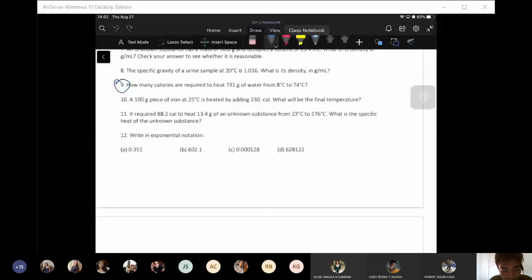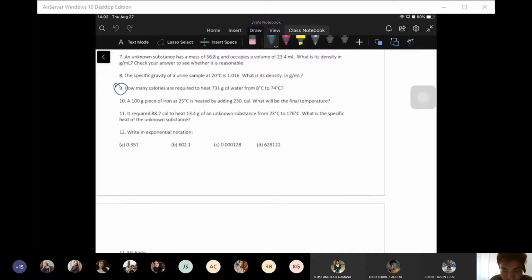How much heat is needed to raise the temperature of 731 grams of water from 8 to 74 degrees Celsius? You can do this while boiling water, measuring heat.